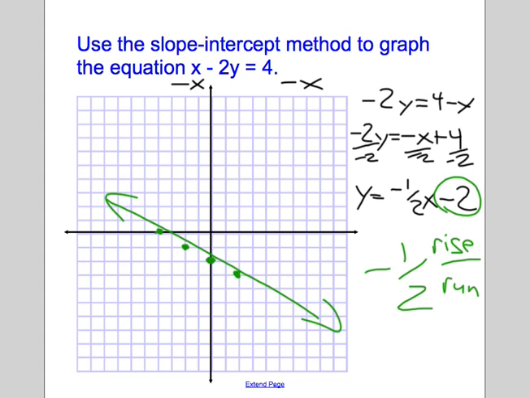And you count from your y-intercept. That's our reference point. We know that's a fact because it's right there. We know it goes through that. It's a negative slope, so we know it's got to be in this direction. So I'm just going to count up 1 and go over that way 2, or down 1 and over 2 that way. You could even run your 2 and then go down your 1. It's one way or the other, as long as you know the top one is the up or down, bottom is side to side.